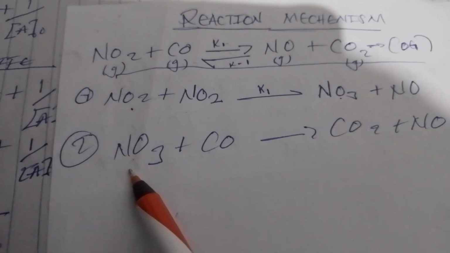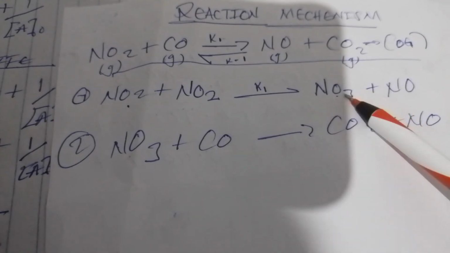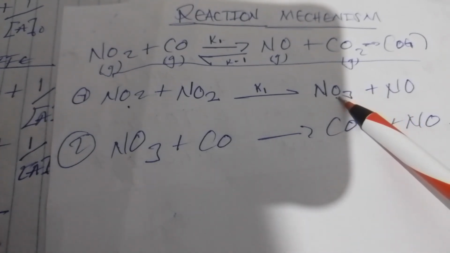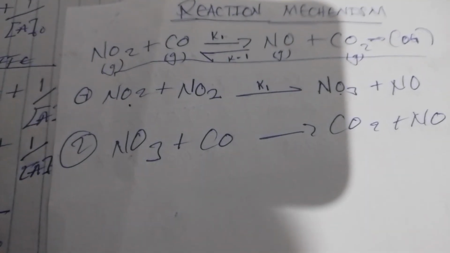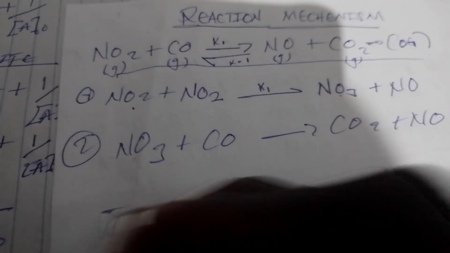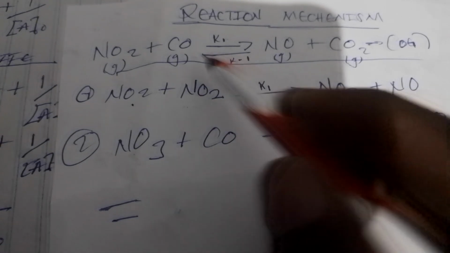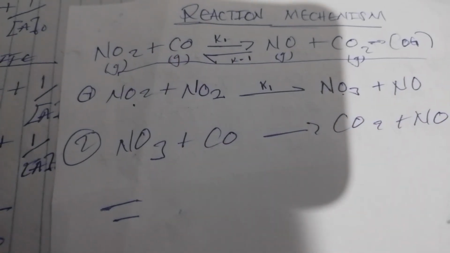So I've also got nitrogen trioxide in this case. If you look closely, in the first reaction, before the original reaction comes in, I've got only one intermediate compound, and in this case it is nitrogen trioxide. Now, should we come up with the exact equation? The exact equation from the reaction mechanism should be like the original on top.